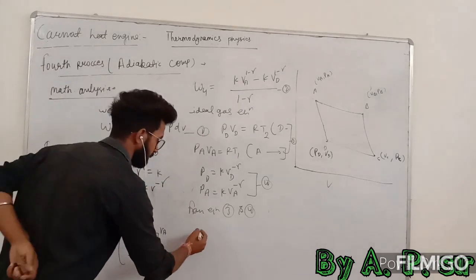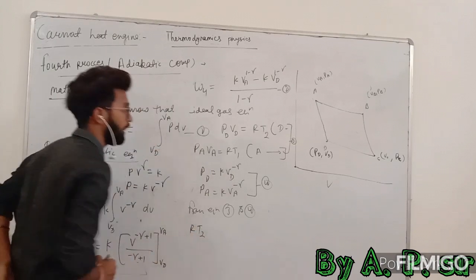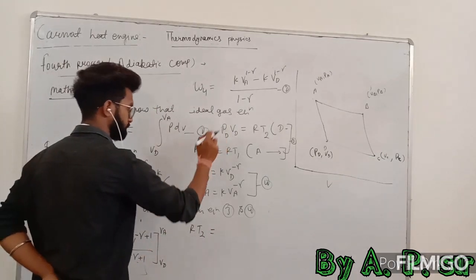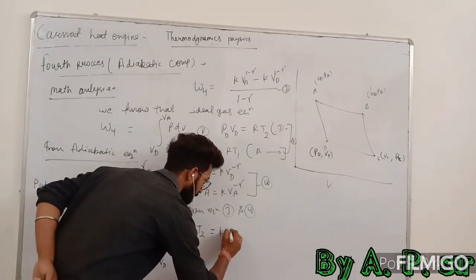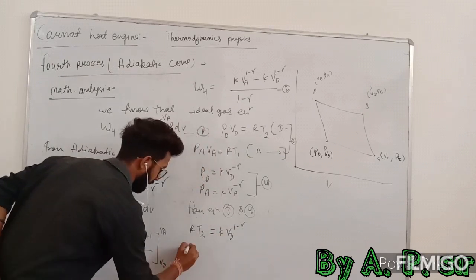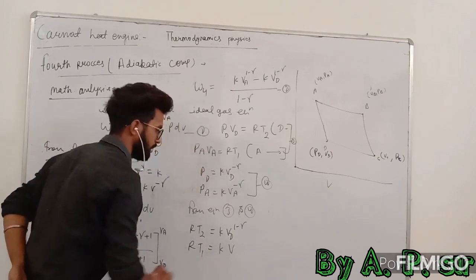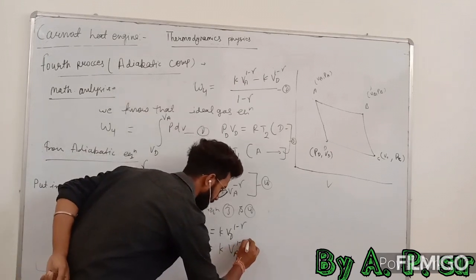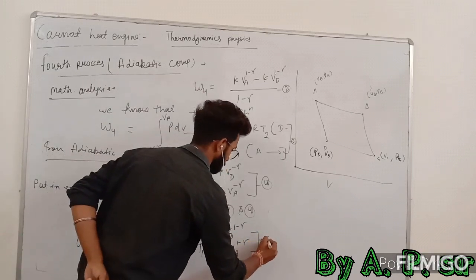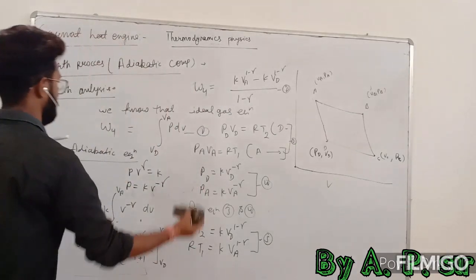From equation third and 4, RT2 is equal to K VD^(1-gamma), and RT1 equals K VA^(1-gamma). This is equation number 5.